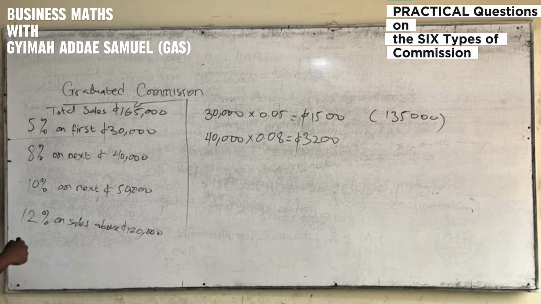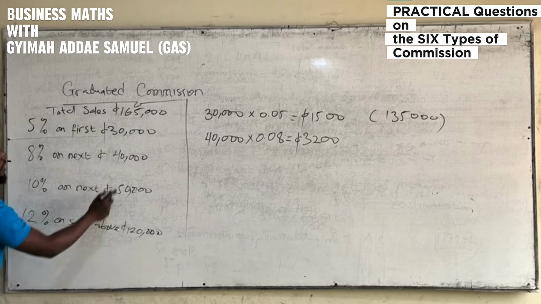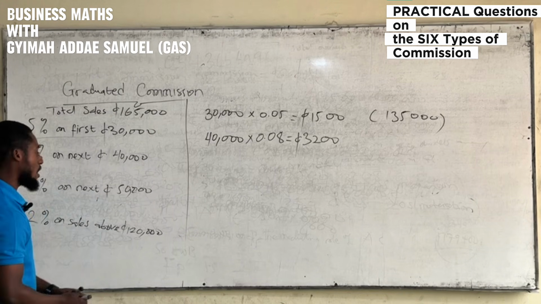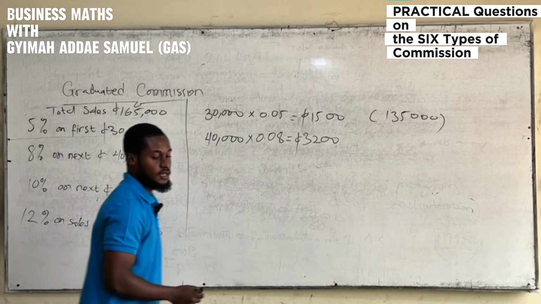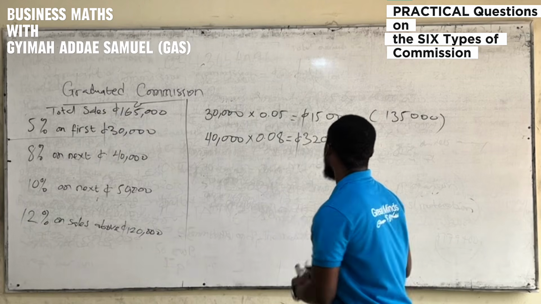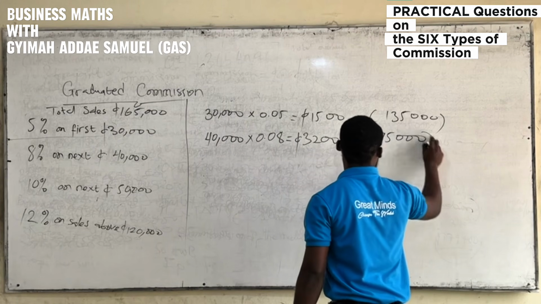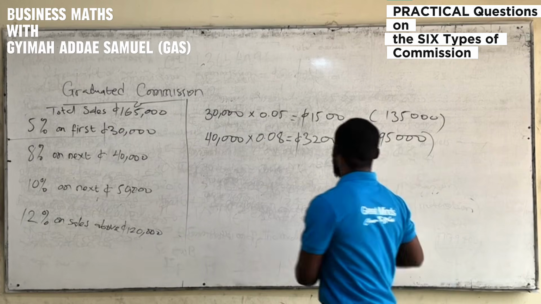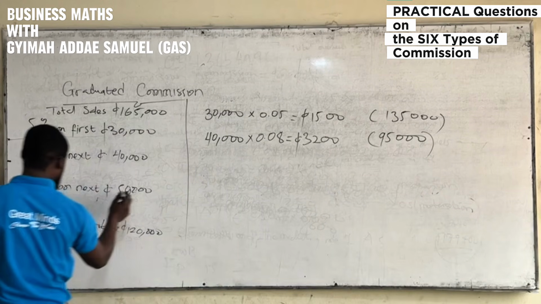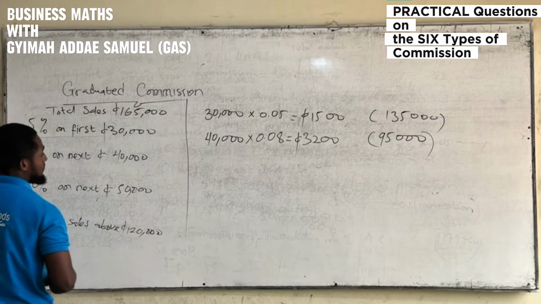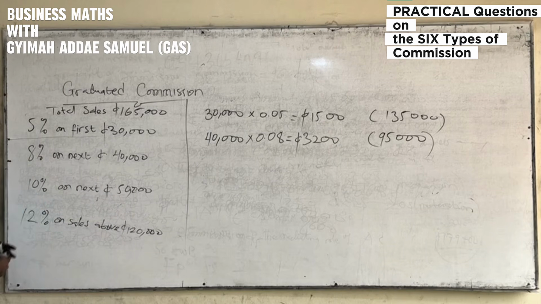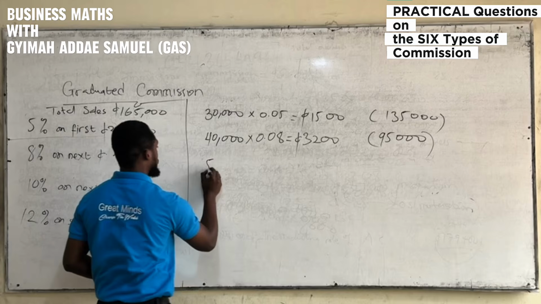When we subtract it, we are getting 95,000 Ghana cedis. And now 95,000 Ghana cedis exceeds 50,000. So as far as it exceeds 50,000, we are eligible to find 10% on the next 50,000.